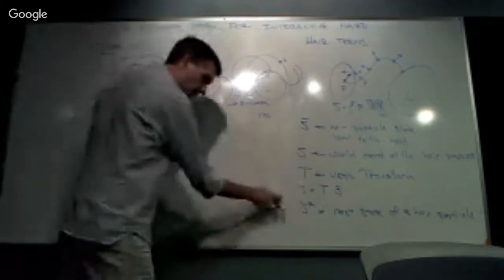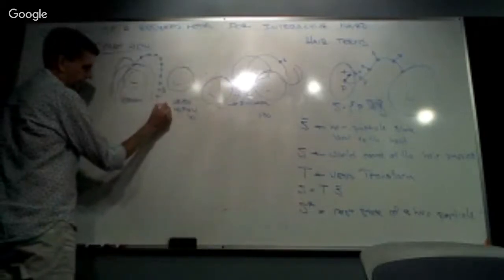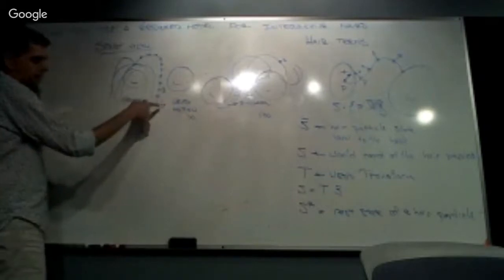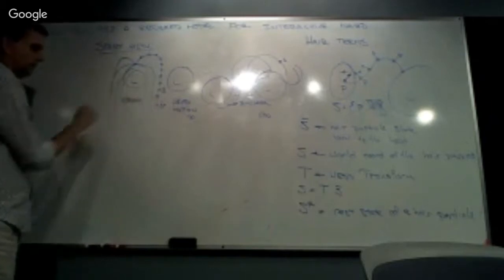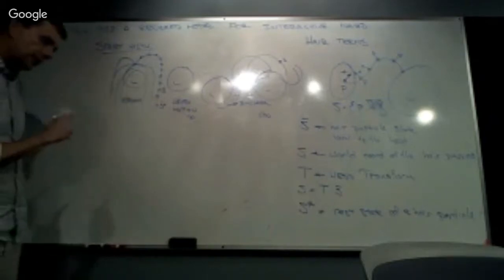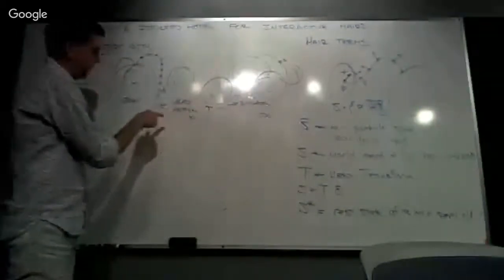And then S star. You can actually have a star bar here. That's the location of the hair at its rest state. And then T, that's the head transform.